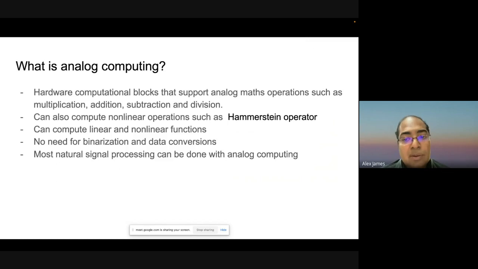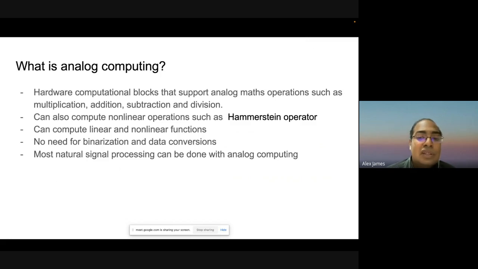Why do we need analog computing, or what is analog computing? If you look at what analog computing is, you would see traditional multiplication, addition, subtraction, or division operations. When you do that, it can be counted as part of analog. There is no conversion happening. The computation here is purely in the analog domain, or at first it can be a discrete analog domain.